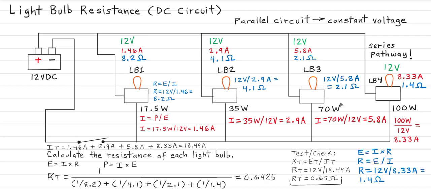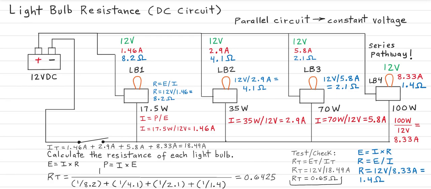0.6425. And so of course we rounded the resistance for light bulb 4 down. It should be 1.44. So this is approximately the same as the total resistance as calculated by total voltage into total current. So this is the correct evaluation.